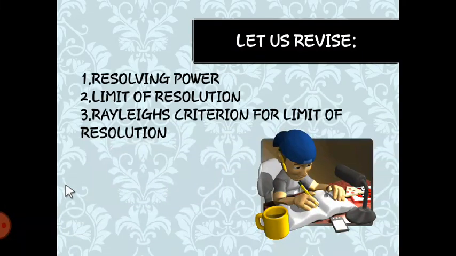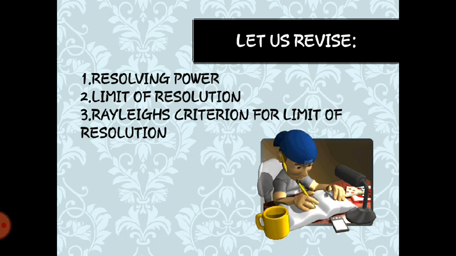Rayleigh's criterion, which we discussed yesterday, deals with the concept of limit of resolution itself, and as it deals with the limit of resolution, obviously it deals with the resolving power. What exactly was Rayleigh's criterion?